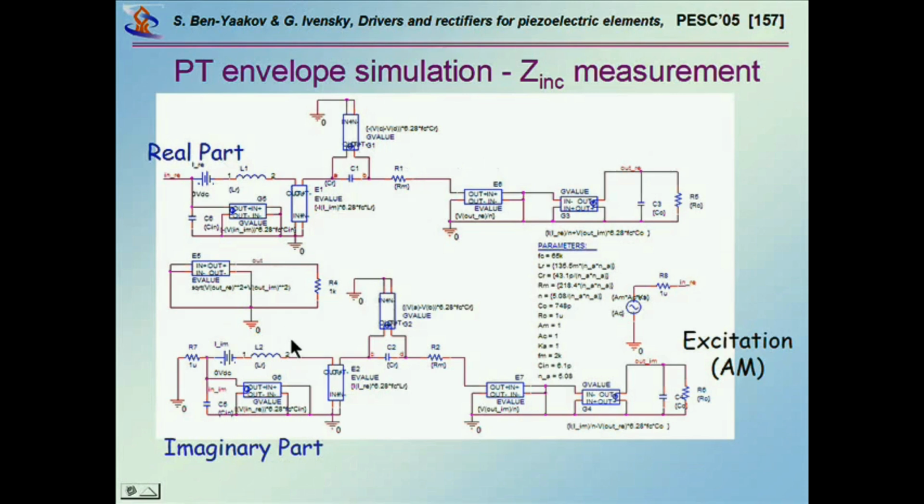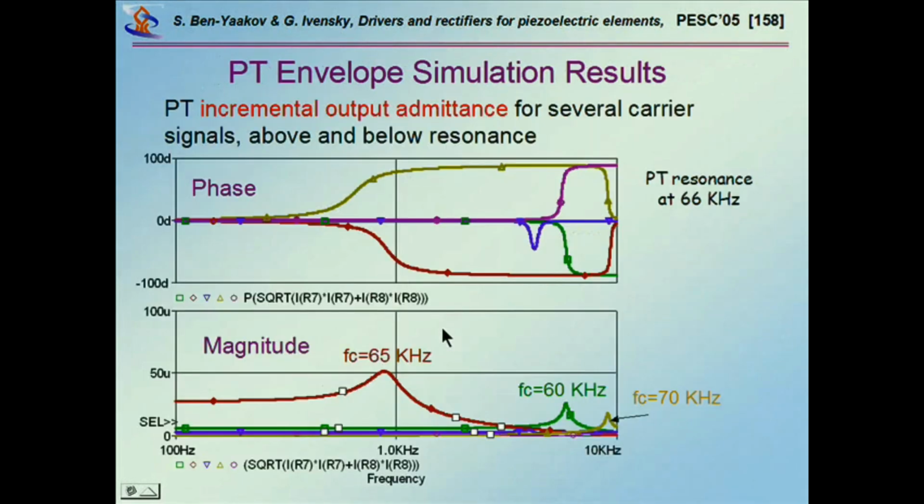You run it, there's no high frequency components here, only the envelope is running here, and then you take the square root of the squared voltages here and here, like the absolute value.